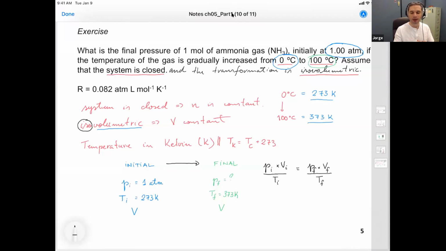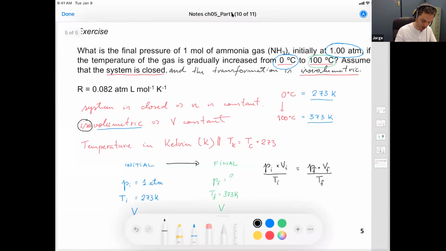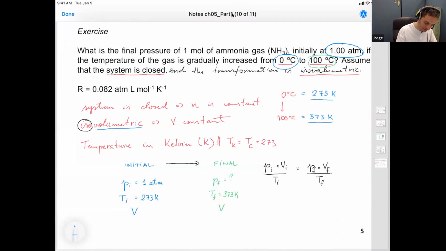Just the fact that this is a gas transformation and the system is closed, I can write this relationship. On the left side, we have the initial state, and on the right side, we have the final state.